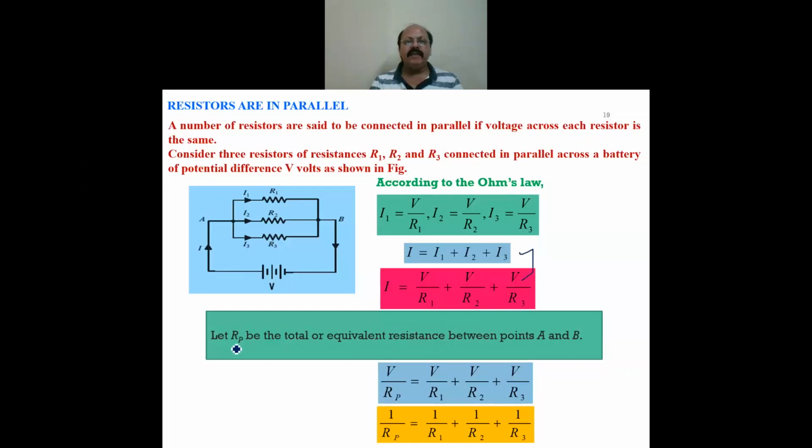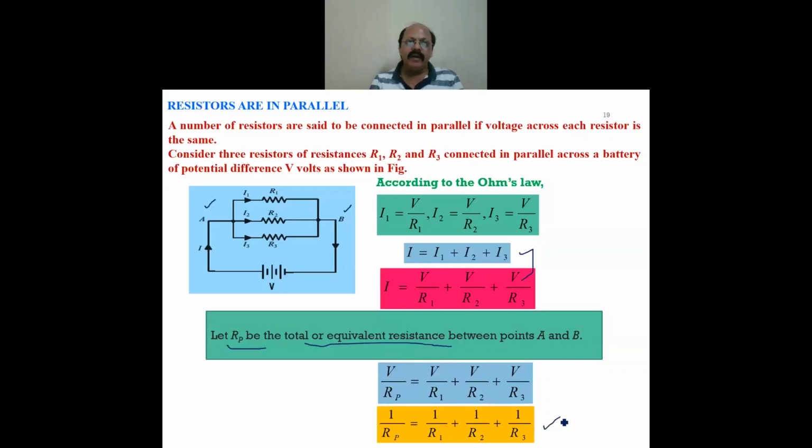Now if we say that let Rp be the total or equivalent resistance between the points A and B, then in place of this I we can write V upon Rp. So V upon Rp equal to V upon R1 plus V upon R2 plus V upon R3. V you take common, then V gets cancelled. You will get 1 upon Rp equal to 1 upon R1 plus 1 upon R2 plus 1 upon R3.